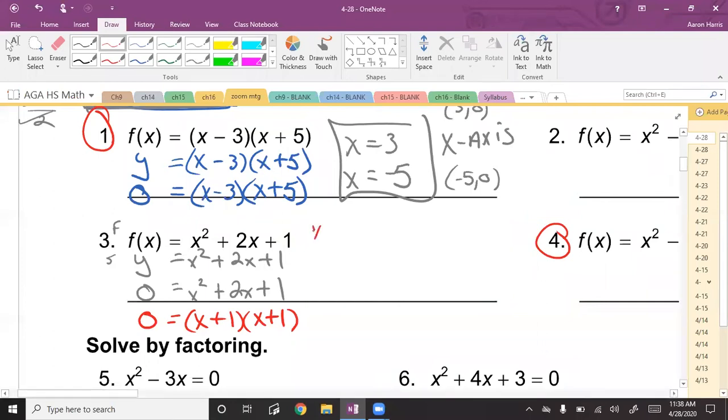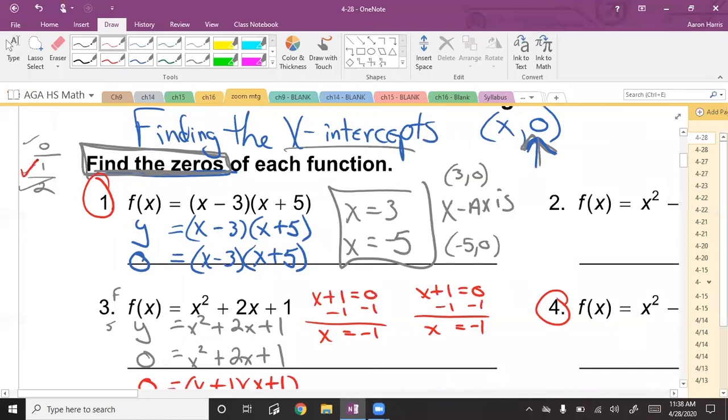So what do I do? x + 1 = 0 and x + 1 = 0. Minus 1 on both sides, x = -1. Minus 1 on both sides, x = -1. x is exactly the same. Therefore, how many answers did I get? 1.